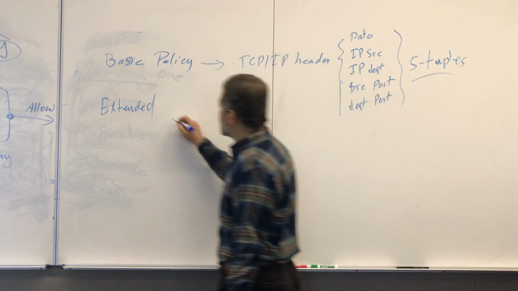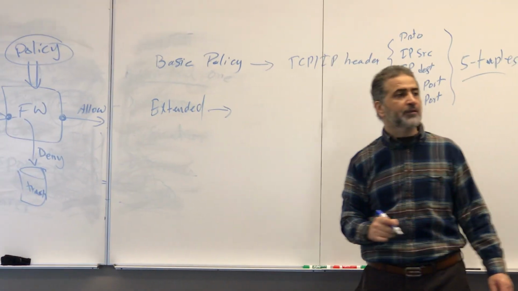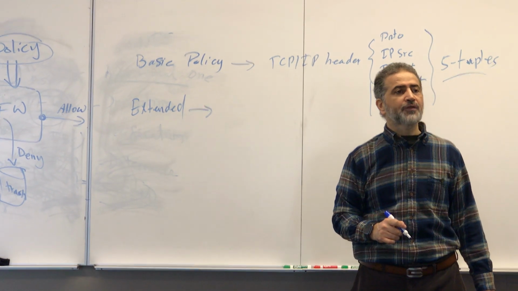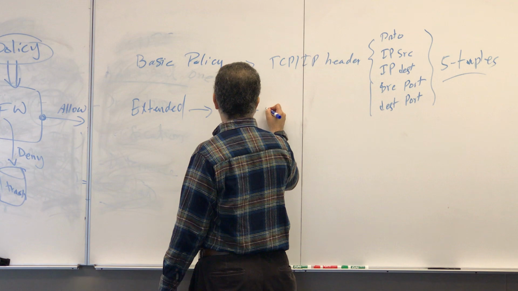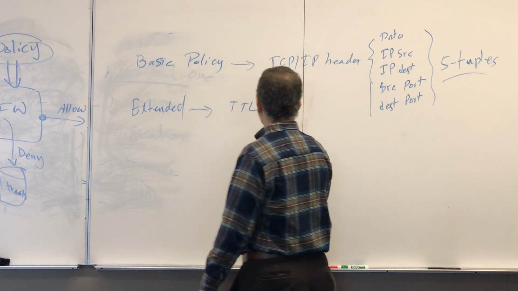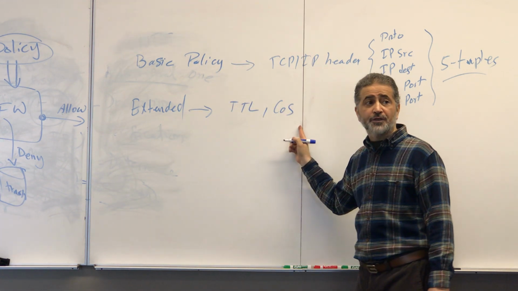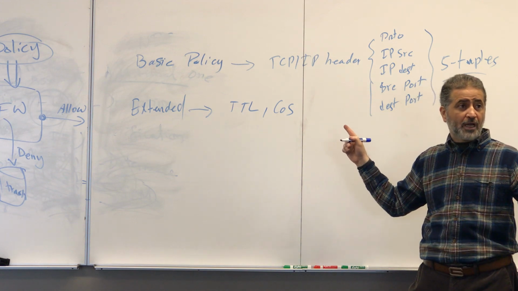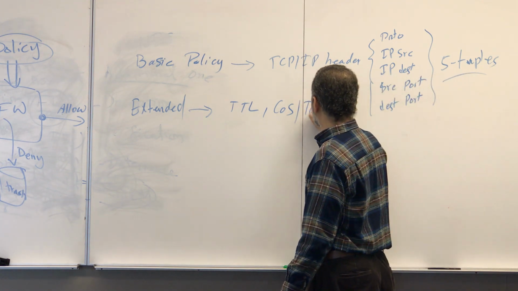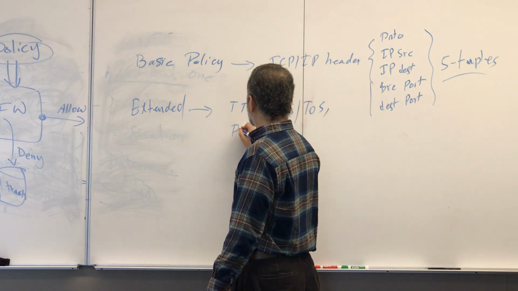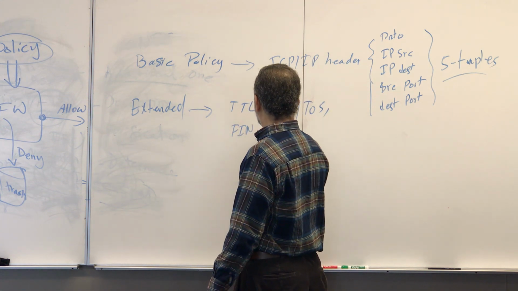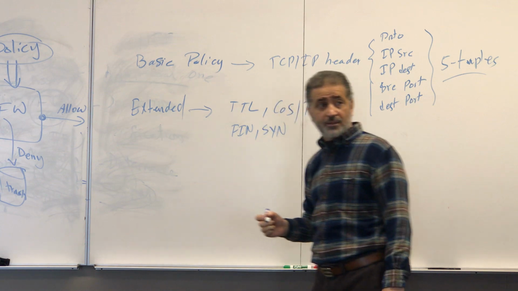However, in the extended policy, you can look at all kinds of headers. You can look at other fields in TCP/IP. You can look at TTL. You can look at the class of service, or type of service, field. You can look at the FIN and SYN bits.